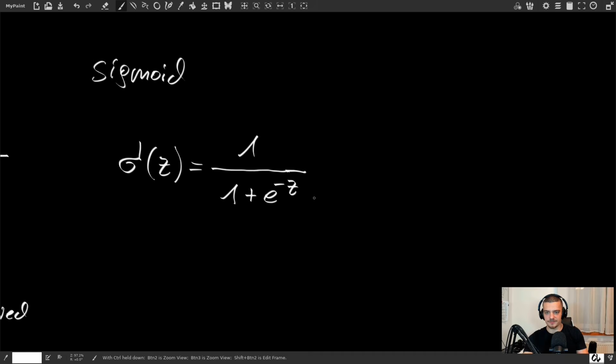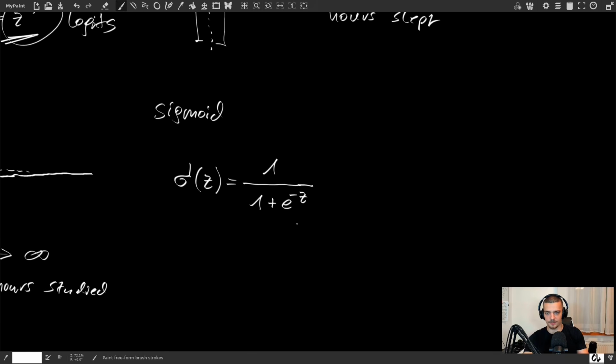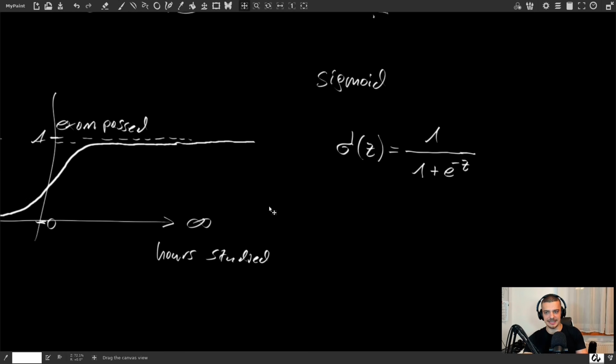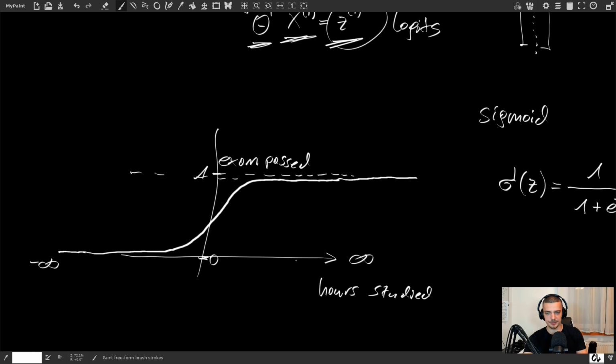So if you use some visualization tool, maybe Wolfram Alpha, maybe some other software, if you visualize that function, you're going to see it looks like this. It takes any input on the x-axis, and it gives us as an output a value between 0 and 1. And in the middle here at 0, it's exactly 0.5.